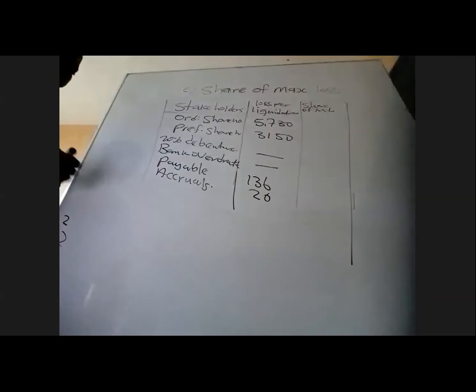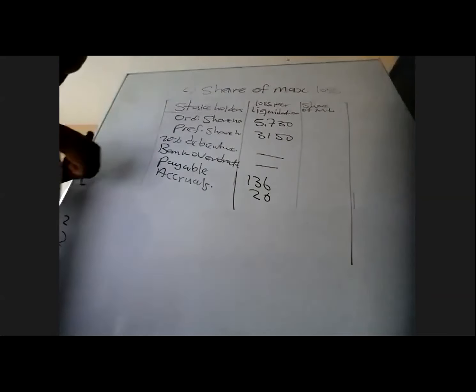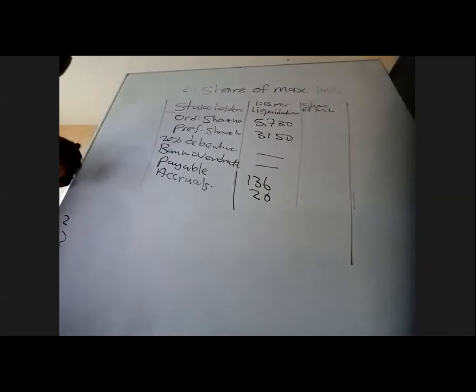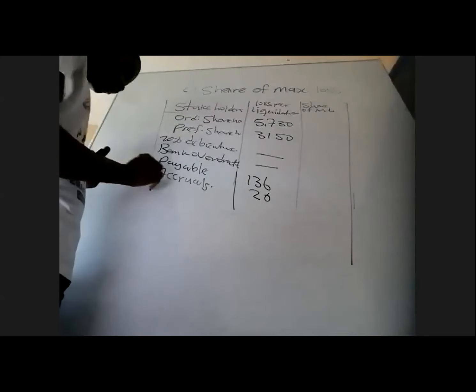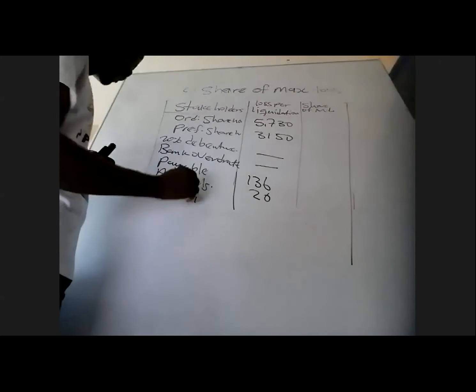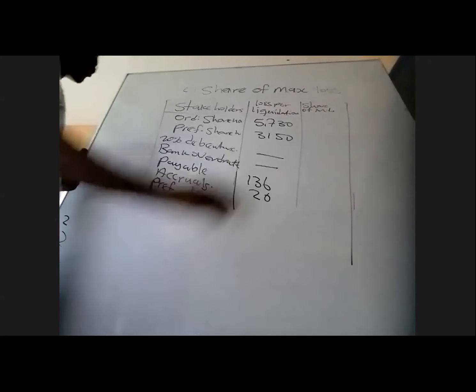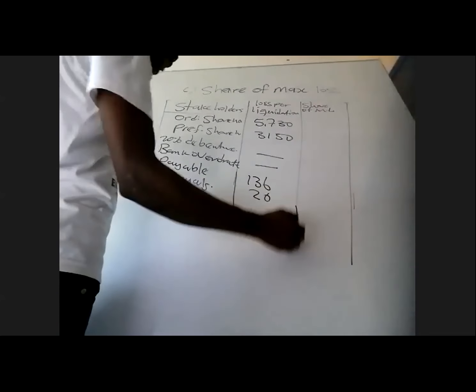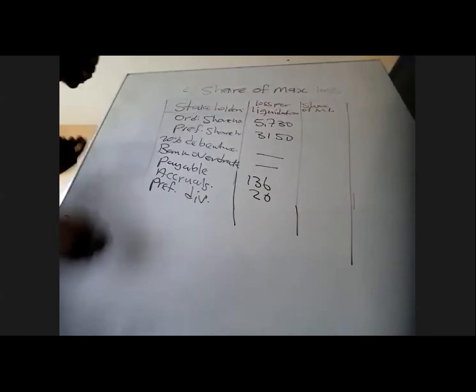Now let's go to the next key stakeholder. Now the next one is the preference dividend in arrears. In fact, upon liquidation, for them they are losing everything.